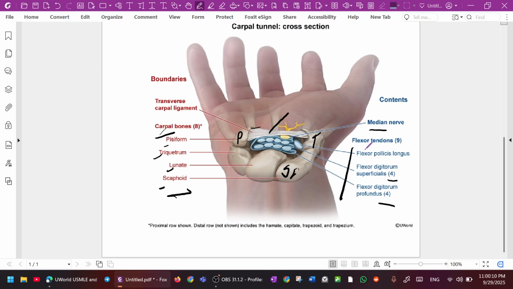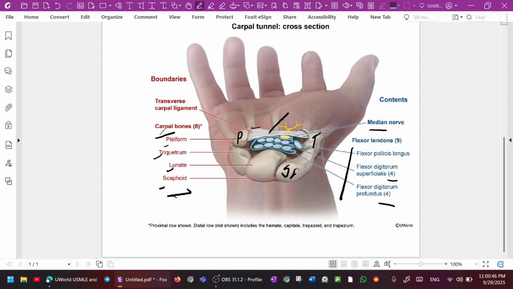These 9 flexor tendons help bend the thumb and the fingers. The transverse carpal ligament helps prevent these tendons from bowing at the wrist.